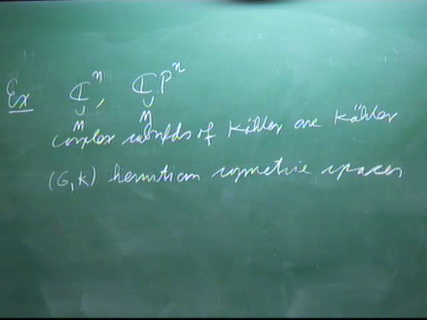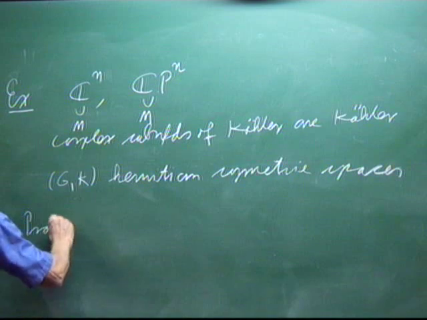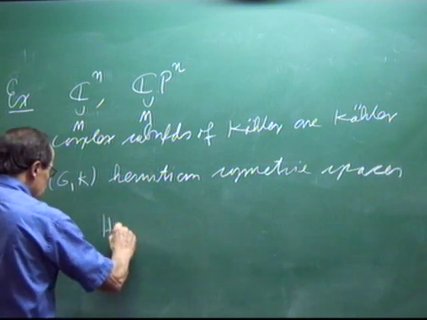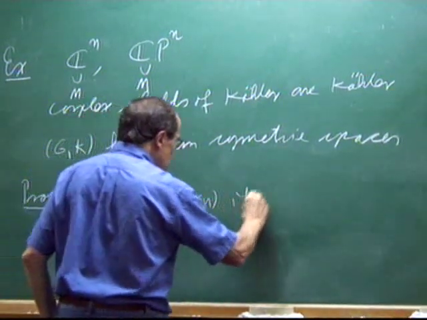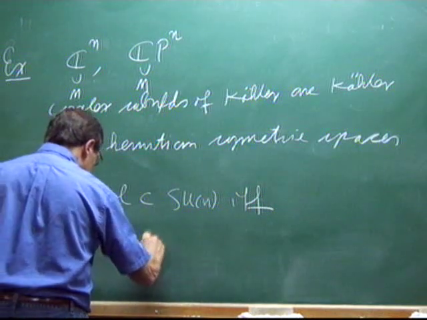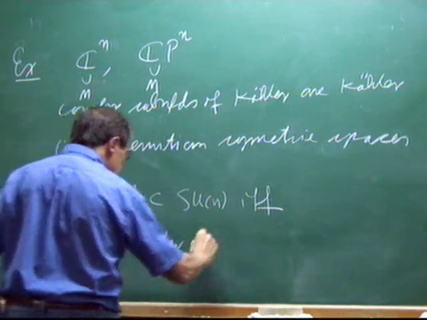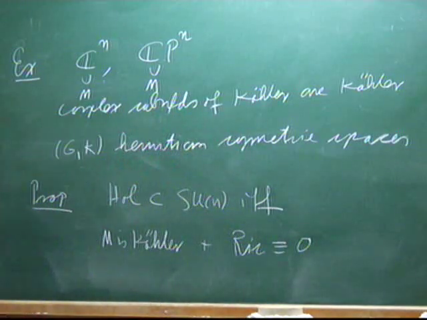Before I get to that, what does it mean for the holonomy group to be contained in SU(n)? It is contained in SU(n) if and only if M is Kähler, of course, since it's contained in U(n), plus the Ricci curvature is 0. So SU(n) actually means Ricci-flat in some sense.